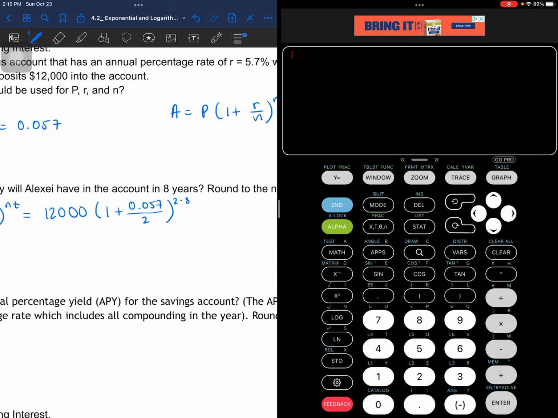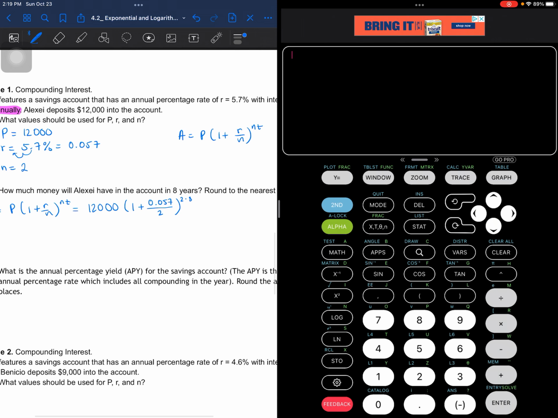So I'll split the screen here. There you go. All right, so let's clear this up, and we have 12,000 parentheses 1 plus the interest rate 0.057 divided by 2, close parentheses, and then raise this to the power, and you see the caret, raise it to the power, and you see how this is already an exponent. 2 times 8, which I can just write as 16 because 2 times 8 is 16, but it doesn't matter in this case.